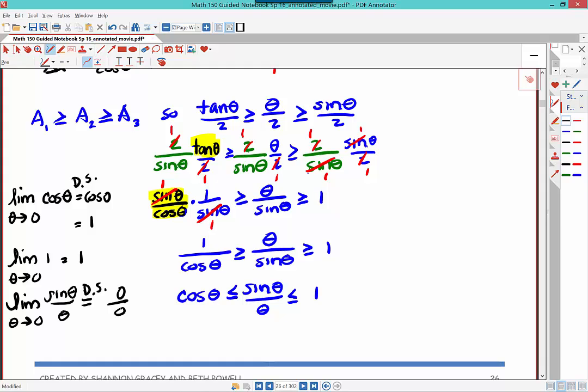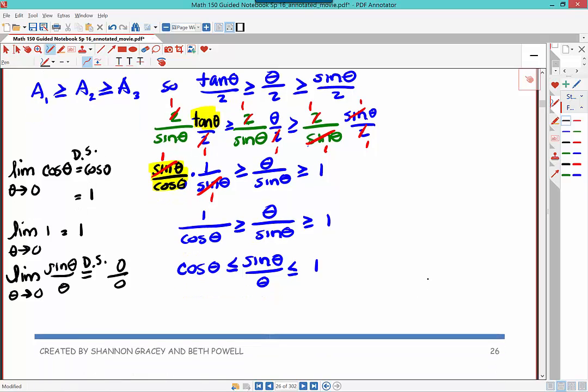But by the squeeze theorem, since these expressions are all right next to each other, they're all very close, the limit as theta approaches 0 of sine theta over theta has to be 1. So let's just check this out. Let's write it in.